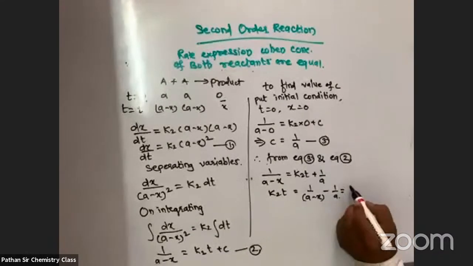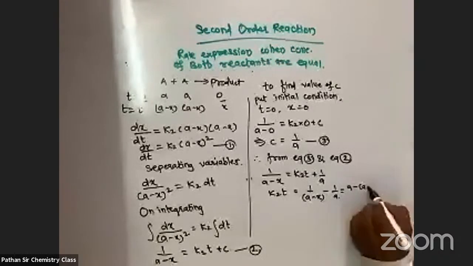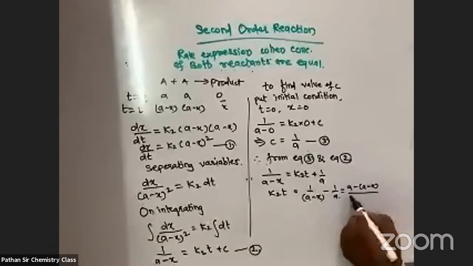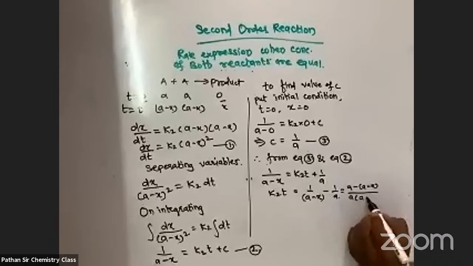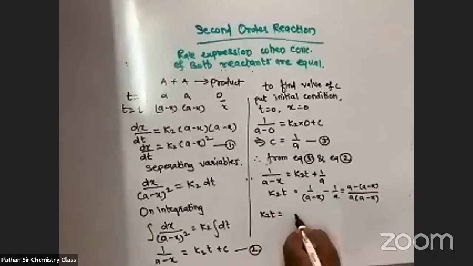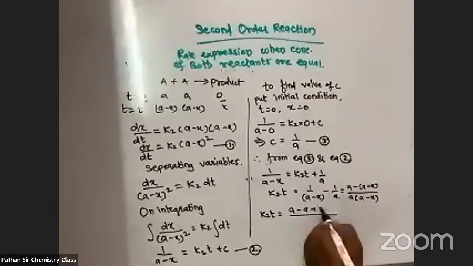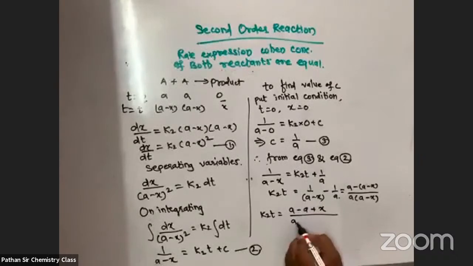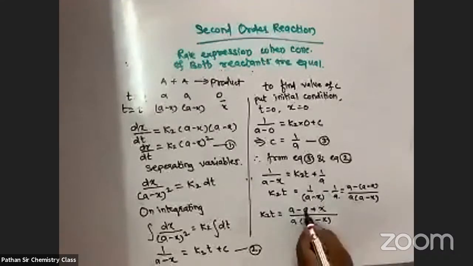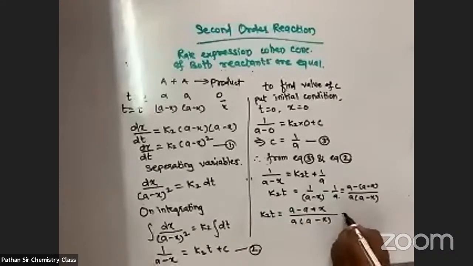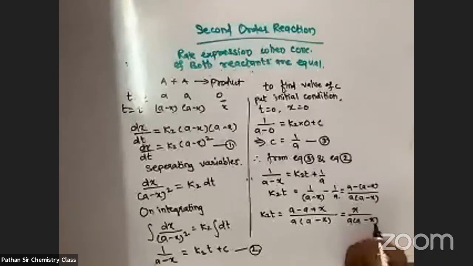Cross multiplication. Now a minus (a minus x) divided by a into (a minus x). So k2t is equal to (a minus a plus x) upon a into (a minus x). A plus a minus a cancel. It will be x divided by a into (a minus x).